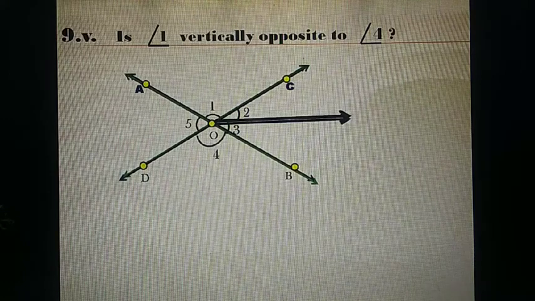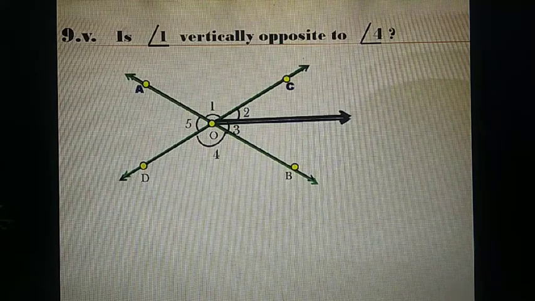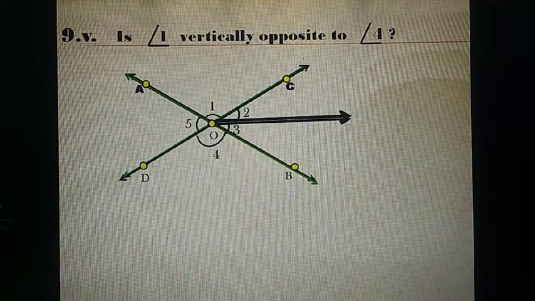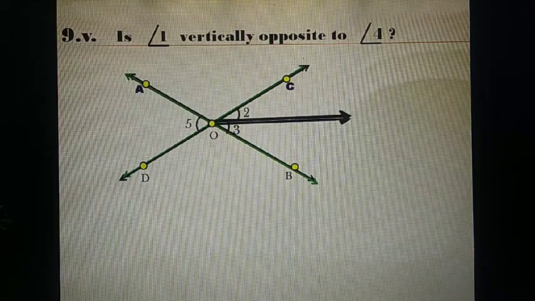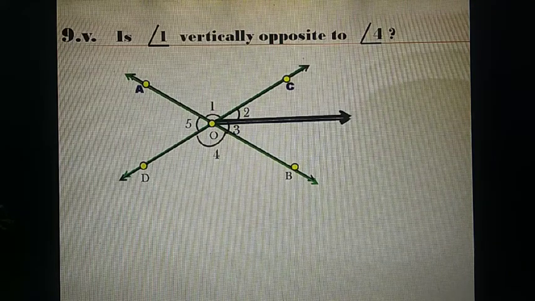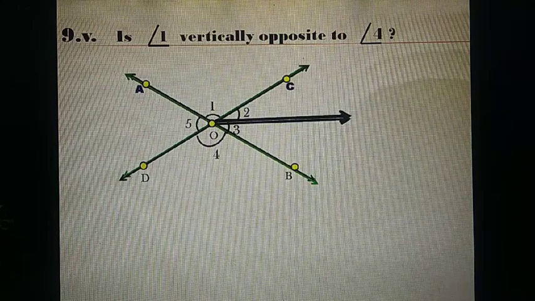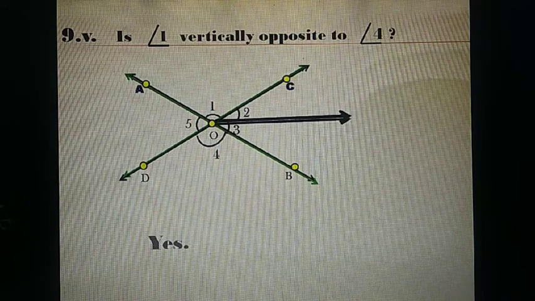Yes, here AB and CD are the two lines which are intersecting each other at O. Now checking angle 1 and angle 4. Yes, angle 1 and angle 4 are vertically opposite angles. They are opposite to each other vertically. So we can say yes.